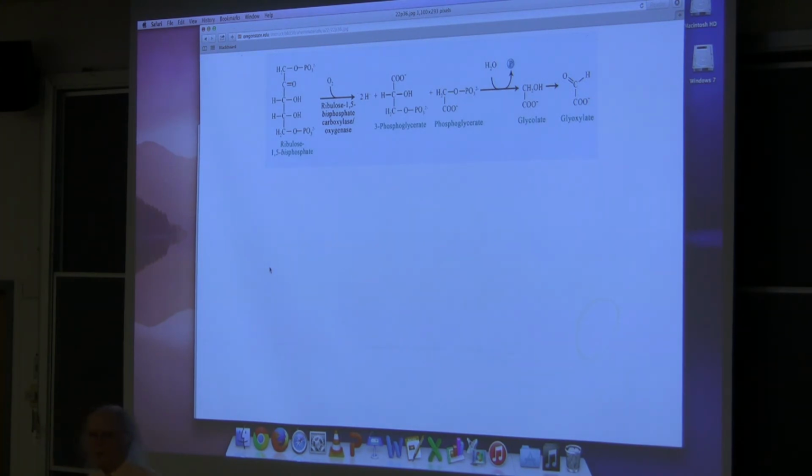Now I'm going to remind you, the glyoxylate cycle was like the citric acid cycle, but in the glyoxylate cycle, what happened to glyoxylate? Does anybody remember? It combined with another molecule. What was it? Acetyl-CoA. And when it combined with acetyl-CoA, what did it make?